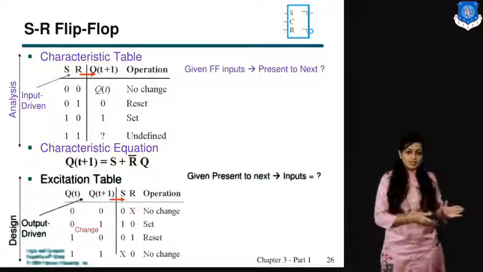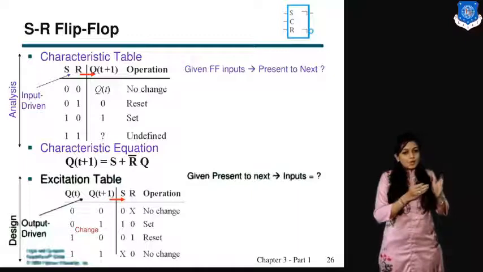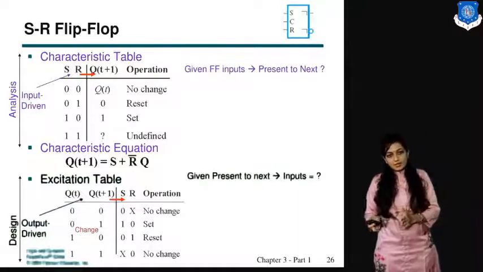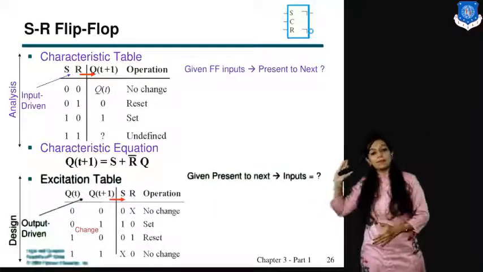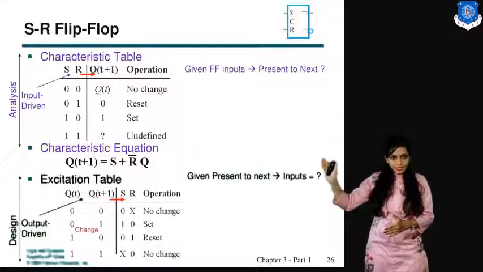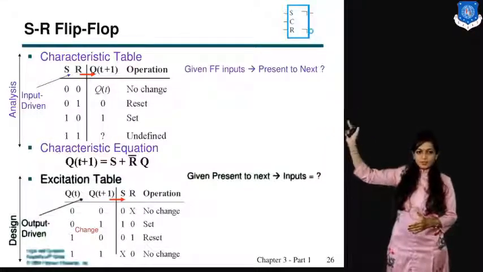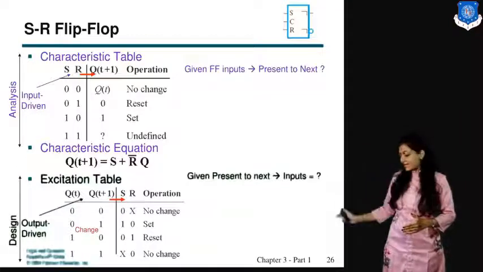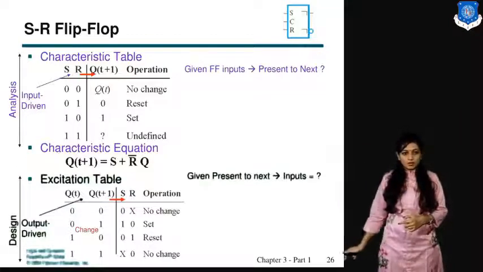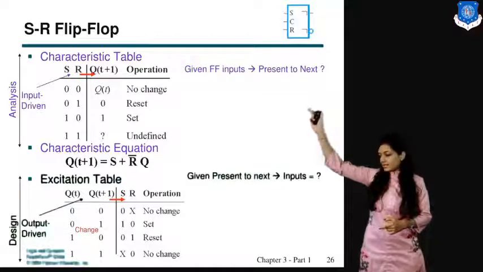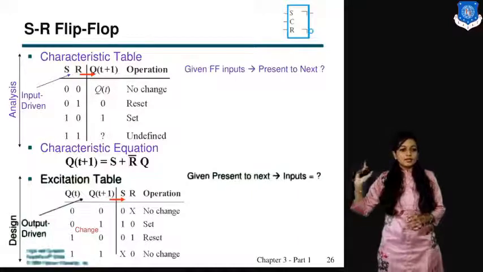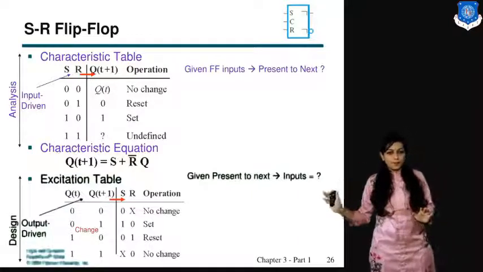In the excitation table, based on the present state and the next state, what would be my input? So the characteristic table is input driven and the excitation table is output driven. It is used for the analysis and for the designing of any flip-flop.